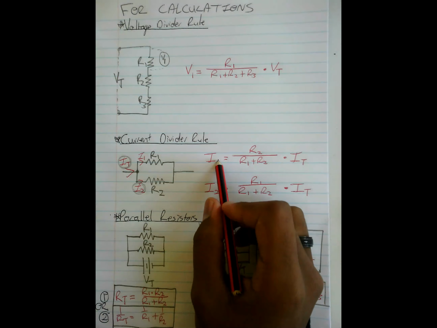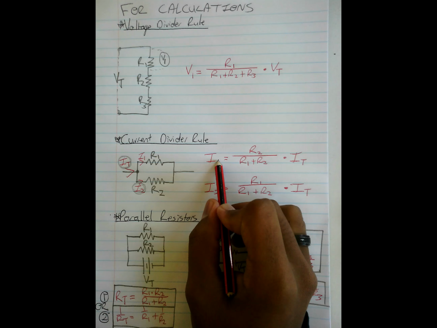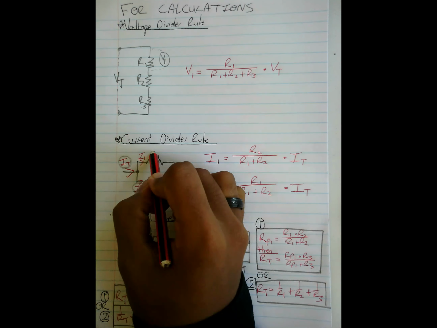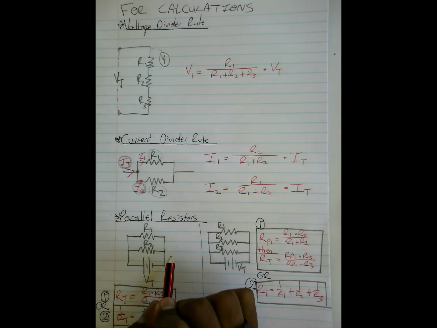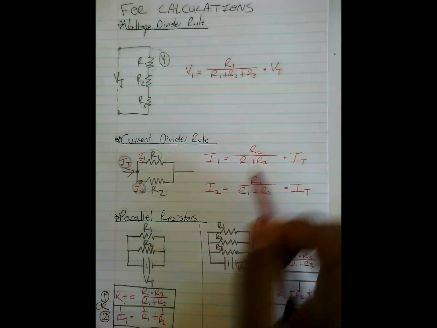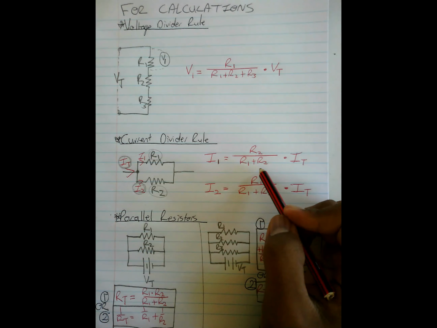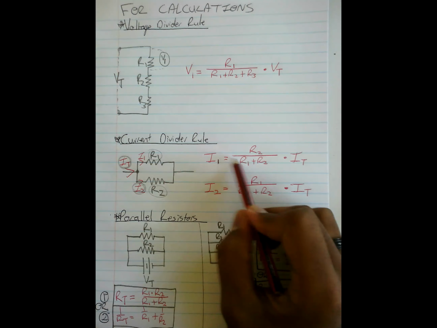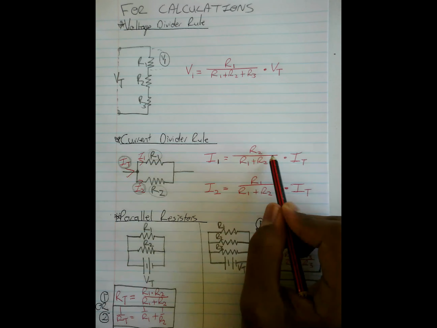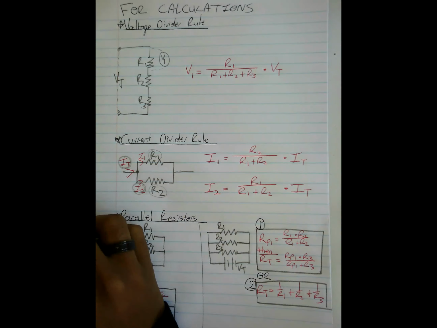Yes, we can use the current divider rule, and let's say we're given the resistors also, we can get the current I1 by using this formula, yes, but we can also use Kirchhoff's current law.